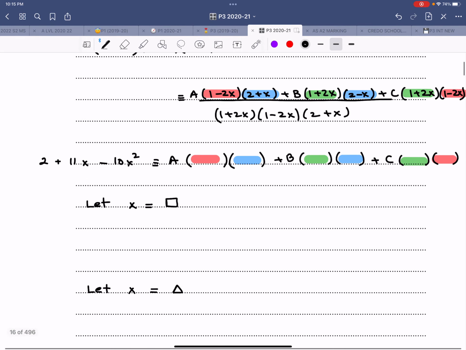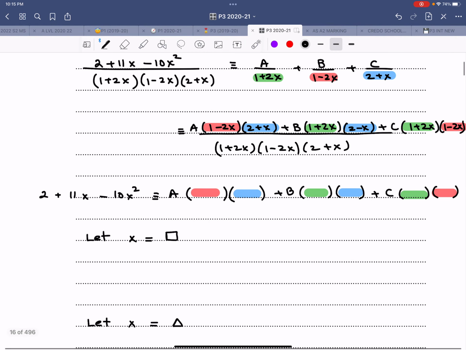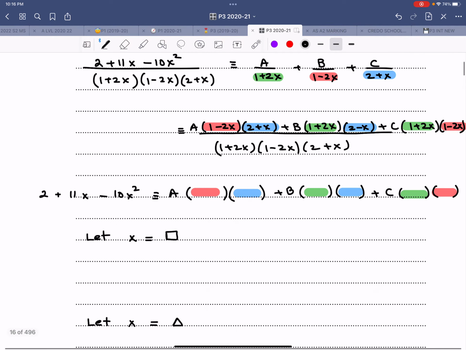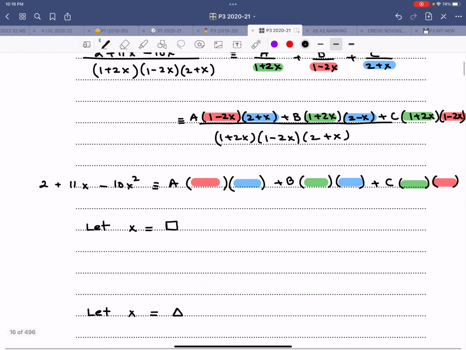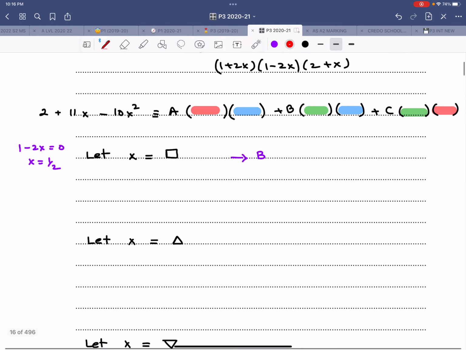Now for example, if I want to find B, I can go in any order. If I choose 1 minus 2x equals 0, therefore x comes out to be half. So therefore the orange disappears and I'll be able to find B. If I say 1 plus 2x equals 0, x is equal to minus half.